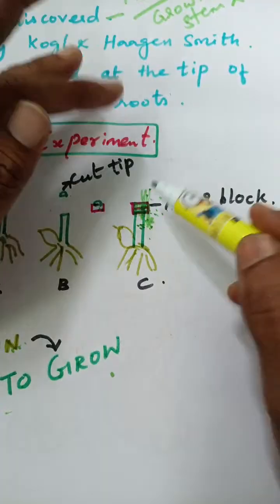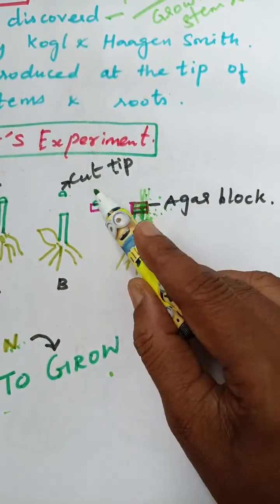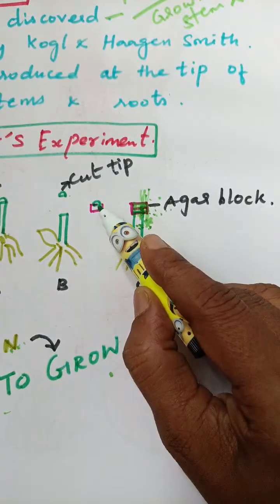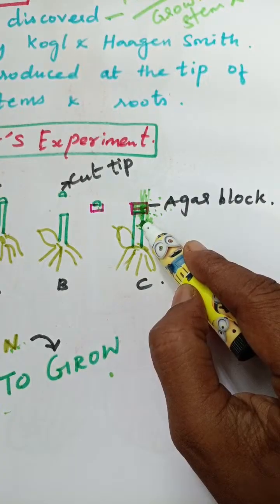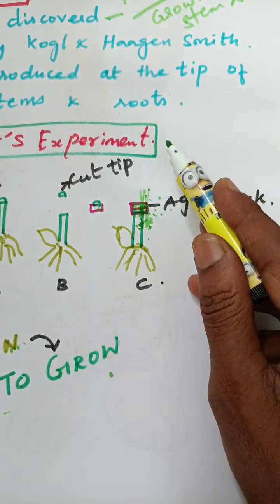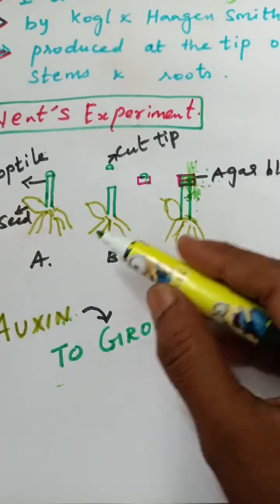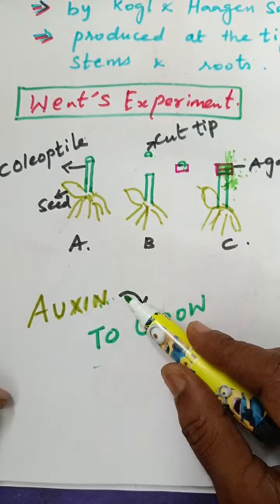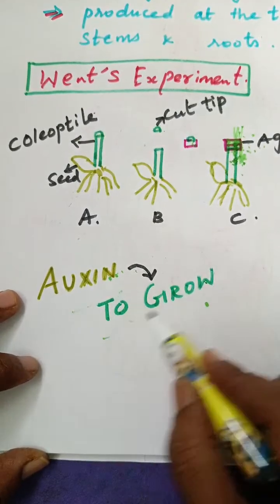So he found there were chemical substances transferred from the cut tip to the agar block, and from the agar block to the coleoptile, so that the plant started growing its shoot system. Those chemical substances are nothing but the auxins, which are essential for growth. So auxin means to grow.